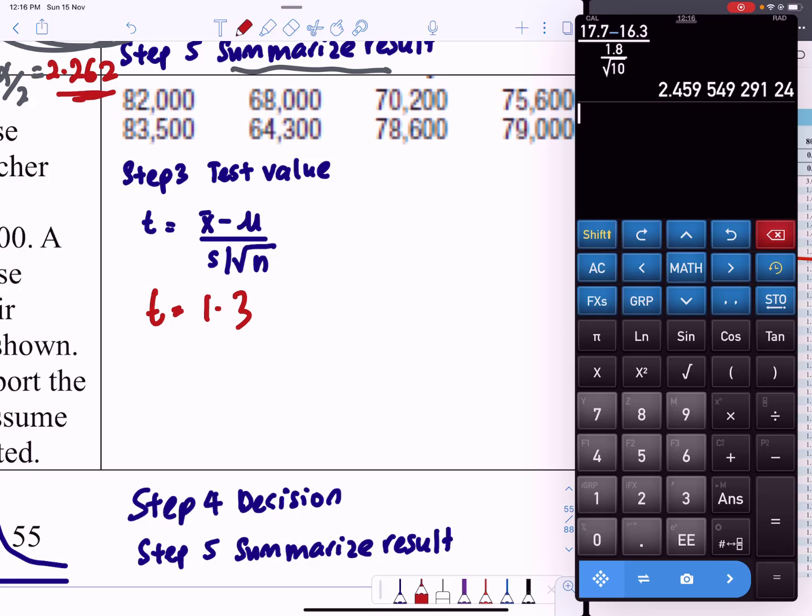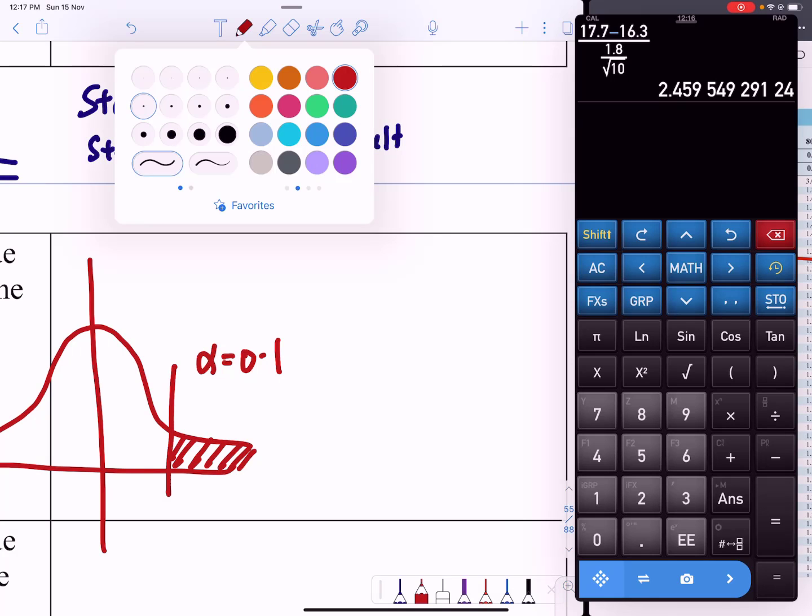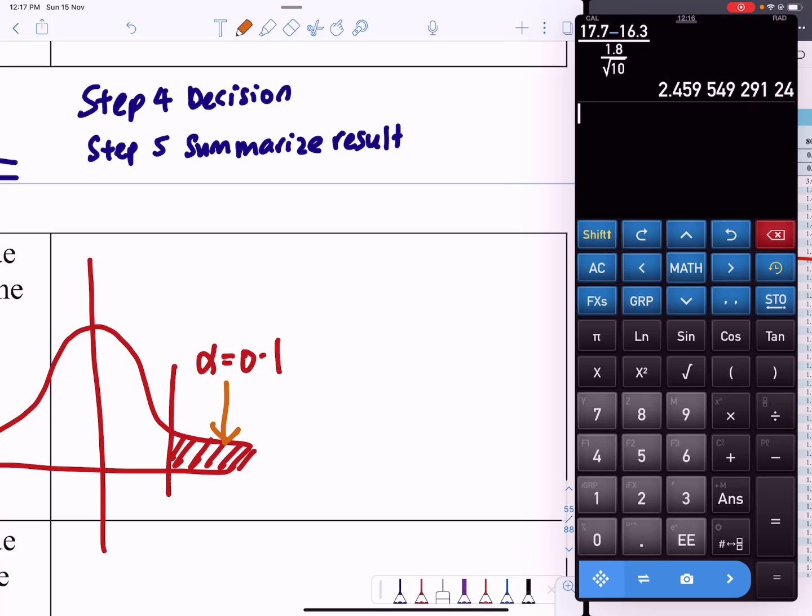Contohnya dapat 1.3. After kamu dapat 1.3 ni, after that kamu akan dapat dia punya area. Bila kamu dapat dia punya area yang ini, kamu tengok sama ada dia lebih daripada 0.1 ataupun dia kurang daripada 0.1.